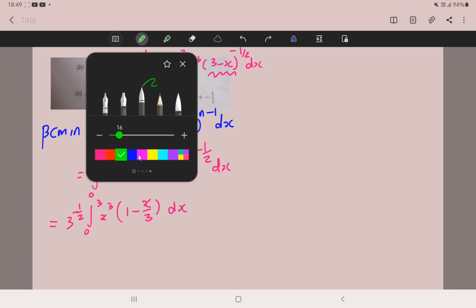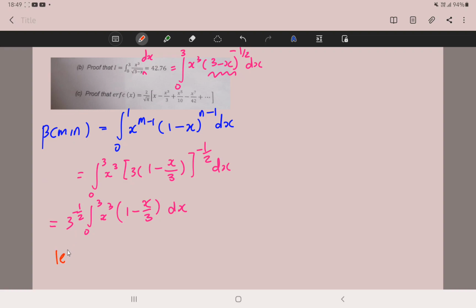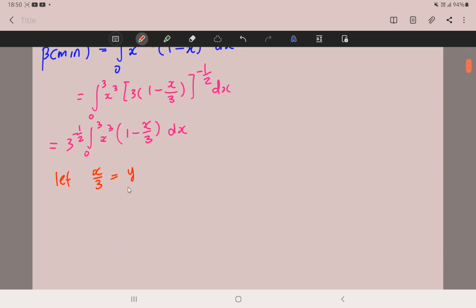Let x over 3 equal y. Then x is 3y, hence the differential form is dx equals 3 dy.